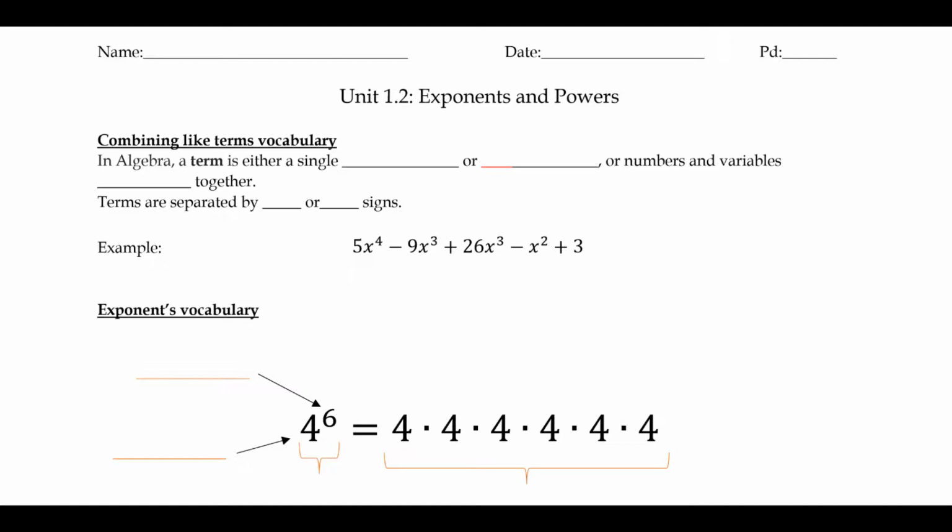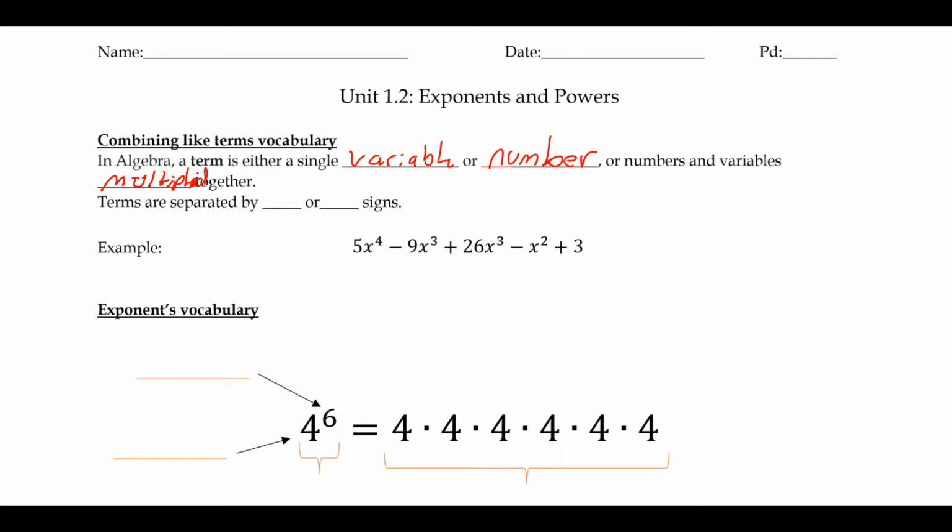Let's just refresh our memory on combining like terms. Remember, in algebra, a term is a single variable or number, or numbers and variables multiplied together.